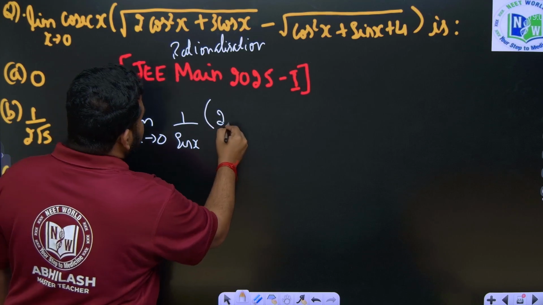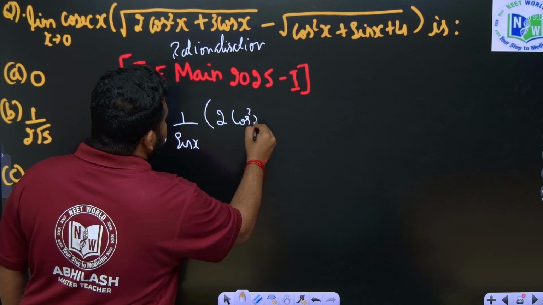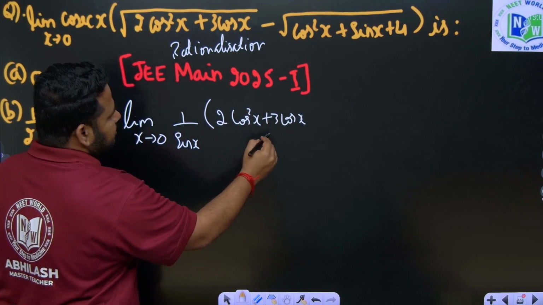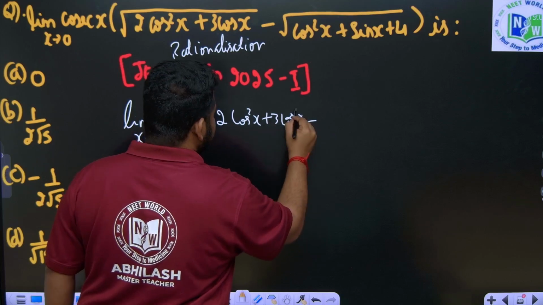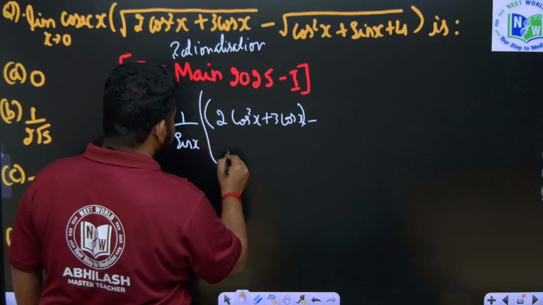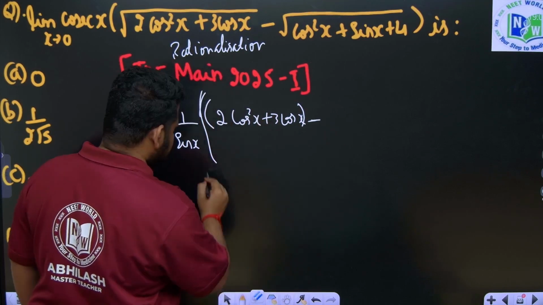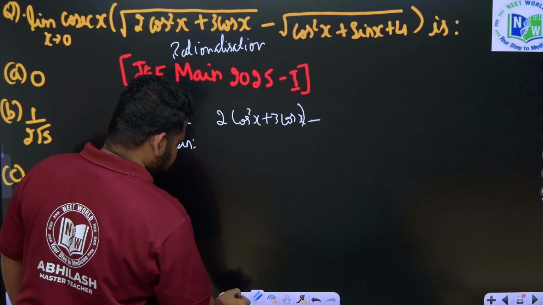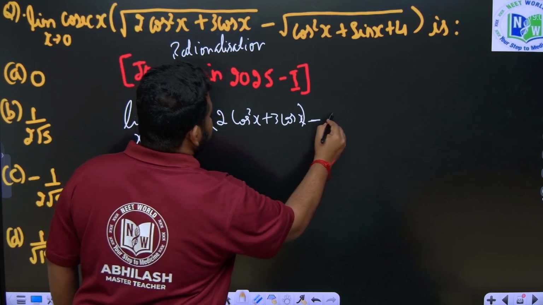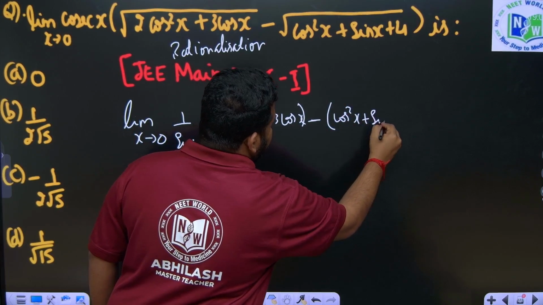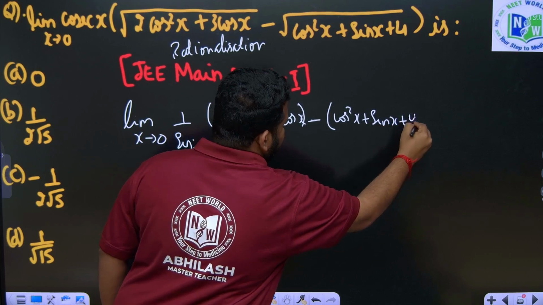This will be 2 cos square x plus 3 cos x, minus, let me write bracket here, minus this is what? 2 cos square x minus this is what? Cos square x plus sin x plus 4, right?